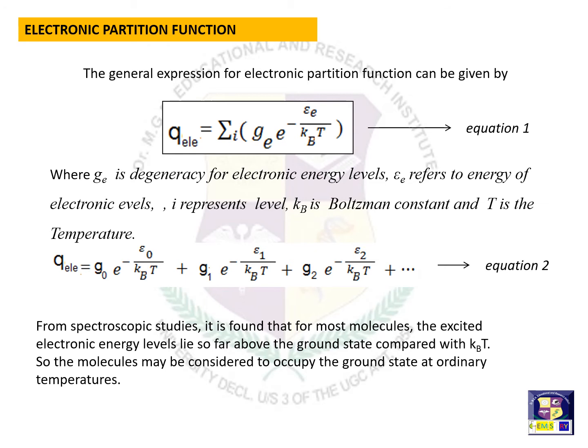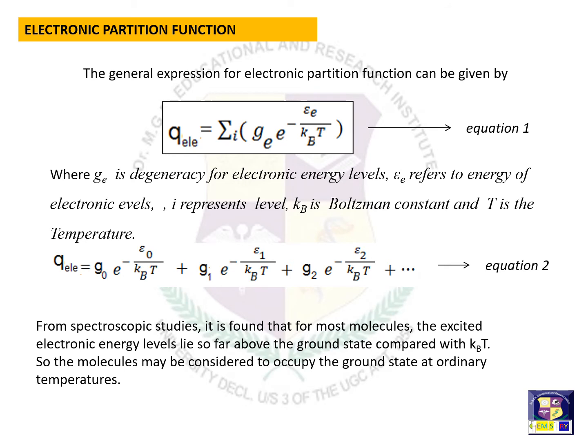Now this can be expanded as Q electronic is equal to g0 exponential power minus epsilon0 divided by kBT plus g1 exponential power minus epsilon1 divided by kBT plus g2 exponential power minus epsilon2 divided by kBT plus g3 exponential power minus epsilon3 divided by kBT, and so on.